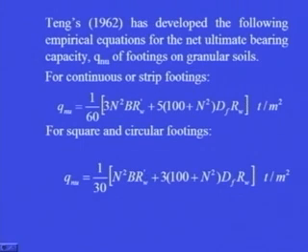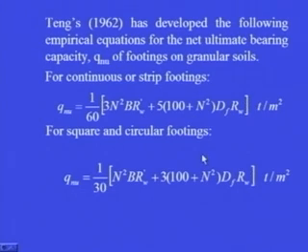Teng 1960 has developed the following empirical equations for the net ultimate bearing capacity of footing on granular soils. He has developed these for the continuous or strip footings as well as square and circular footings. For the strip footings, this q net ultimate can be determined by 1/60 [3N² B R_W' + 500 + N² Df R_W] in ton per meter square.